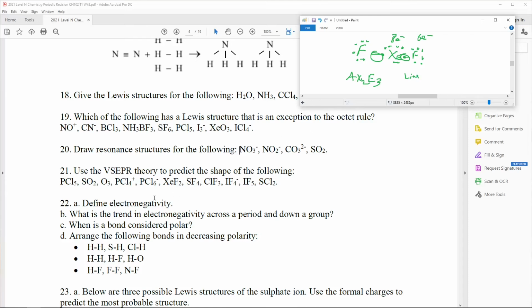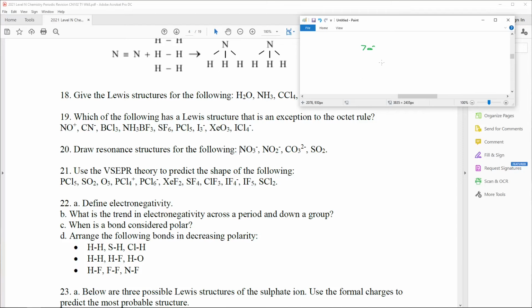Of course we can keep on going, the SF and so on, but to be honest, this is the fastest way, as you have seen. Let me try doing IF4 minus quickly. I has 7 electrons, and the Fs need 1 each. You have 4 Fs, so you're going to share 1 for each.